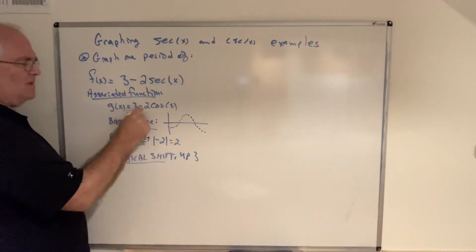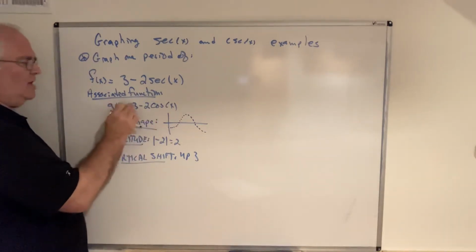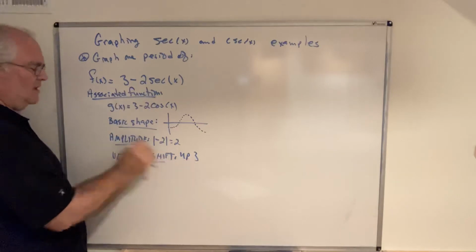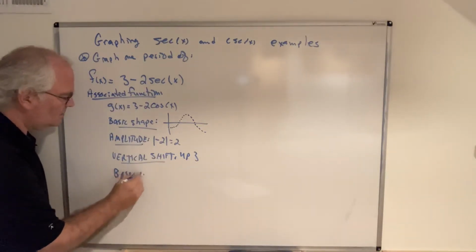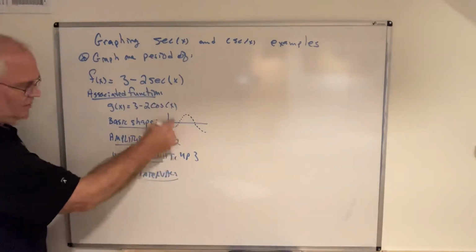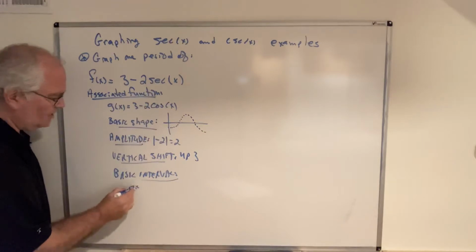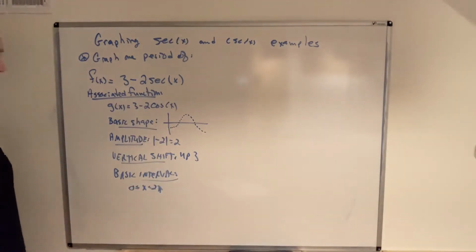The fact that this is up is not because the negative goes with the number behind it. This is a plus 3, and so we're shifting up 3 units. And then the basic interval, there's no change. So this is 0 less than or equal to x less than 2 pi.